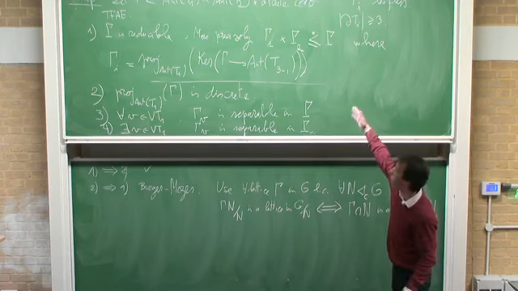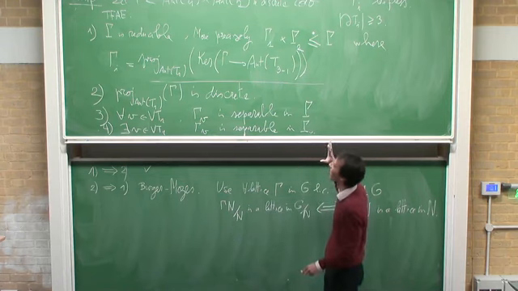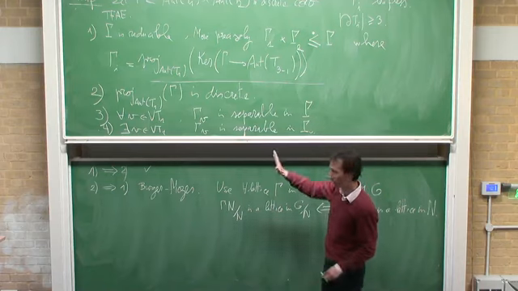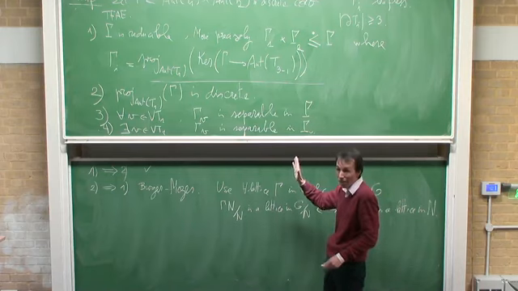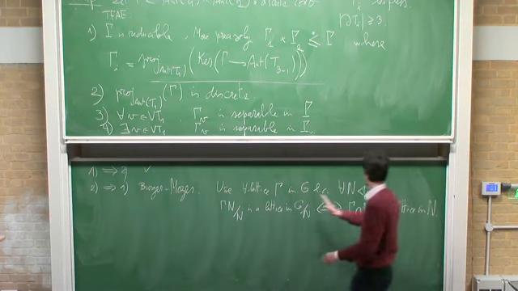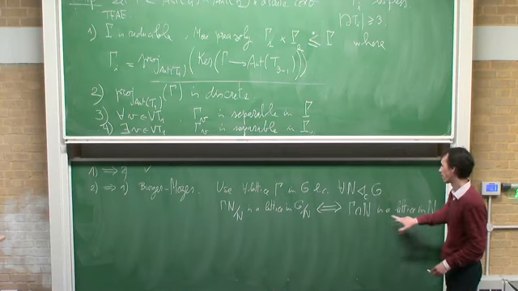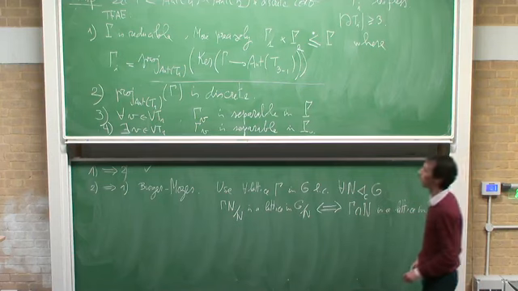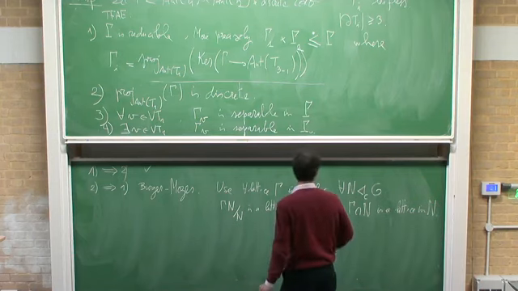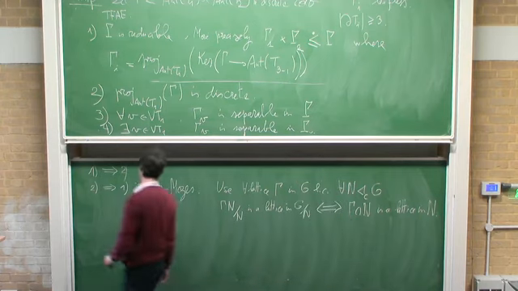And now this is exactly relevant to our situation. We are assuming that the projection of gamma to the first factor is discrete, but then it must be a lattice. And so you will get a lattice in the other factor by this principle.